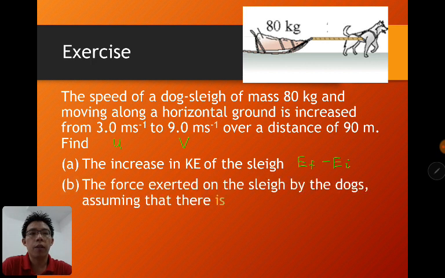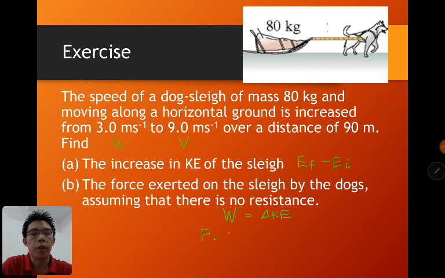Next, the force exerted on the sleigh by the dog, assuming that there's no resistance. Okay, so which means that this increase in the kinetic energy must be caused by the net force of the dog. So we say work done equals the change in KE, and the force inside the equation of work done will be just the force by the dog, because that's the net force.